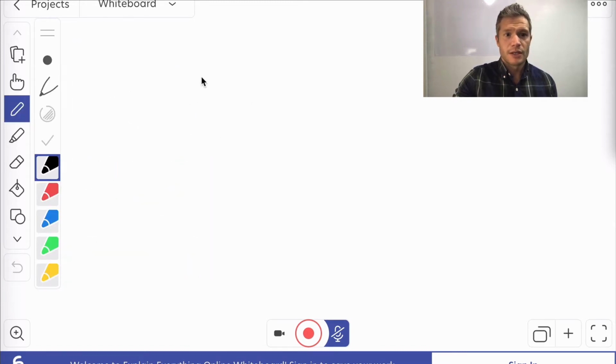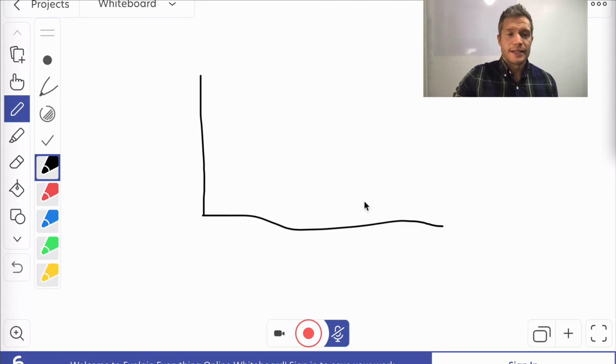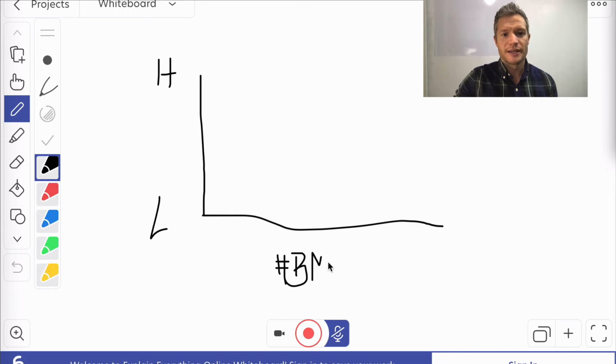So X. We can just say something like up here is good health of some sort, high health, this is low health, and then here's all our people or their BMI scores, okay? So BMI score.